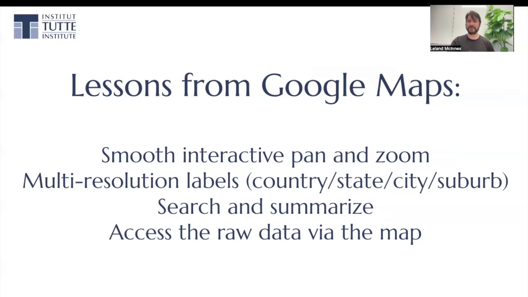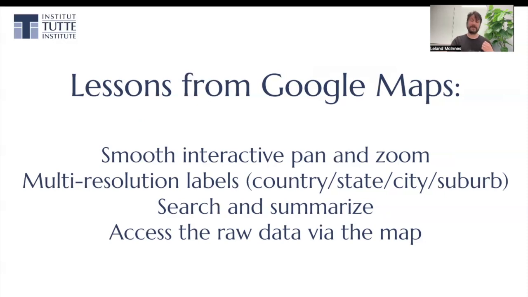Multi-resolution labels, country, state, city, suburb, street names, these allow you to navigate through the data at different levels of granularity and understand the data in high-level views or in a great deal of detail. Being able to search and summarize is critical, and access to the raw data via that map.